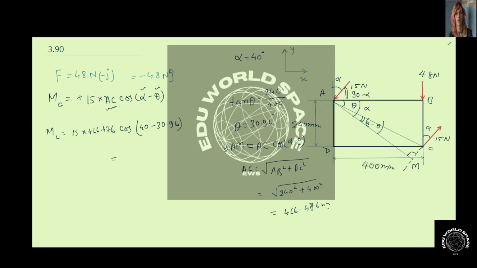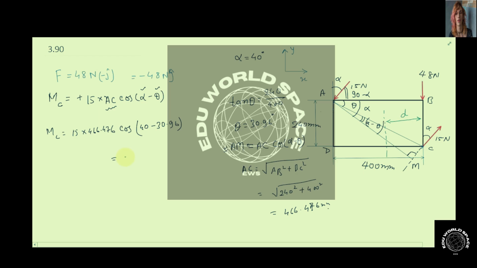This moment should be equal to the following: our line of action of the equivalent force is passing through this line, which is at a distance d from line BC, or from point C. This line is at a distance d from C at left.